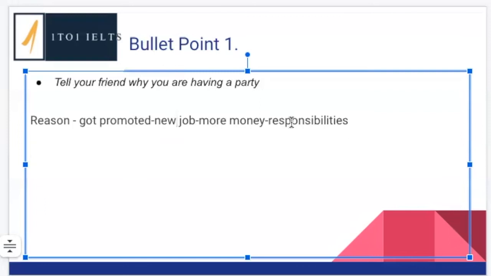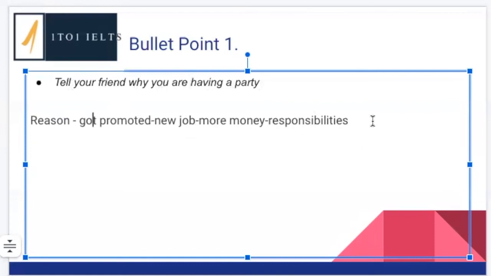So we're going to say 3 sentences about getting promoted. You're going to talk about your new job, more money, responsibilities, or any other thing you can think about to develop this. And make sure we directly answer the question, which is, tell your friend why you're having the party. So I'm having the party because.